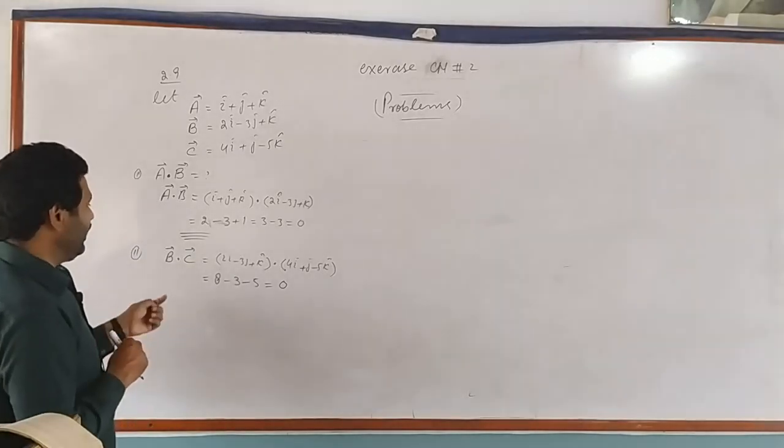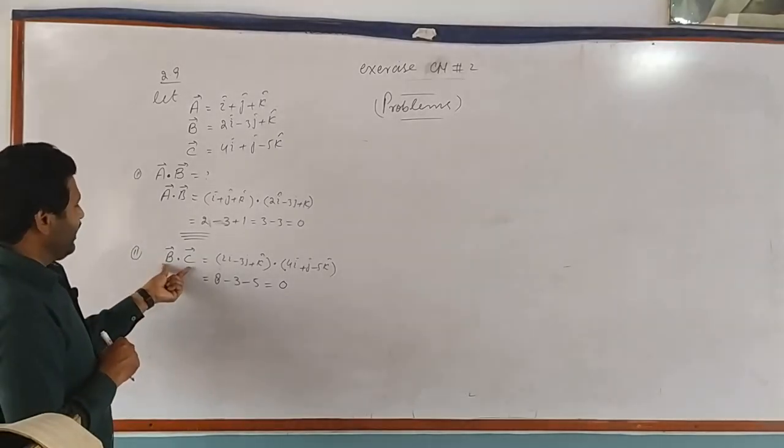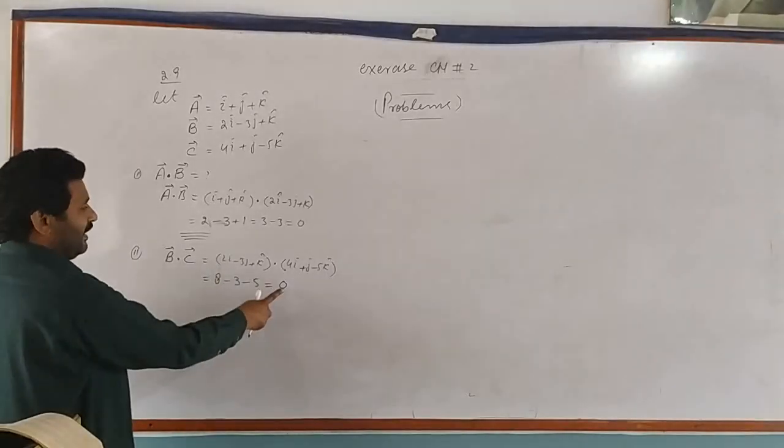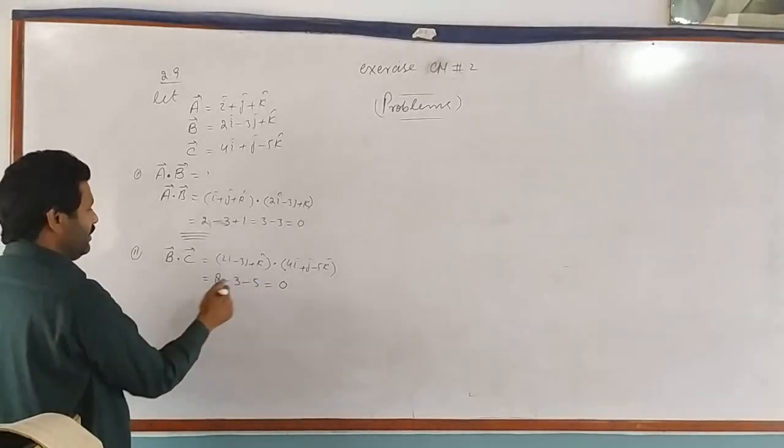So we can also say that these two vectors B and C are also perpendicular, as the dot product of these two vectors B and C is 0.